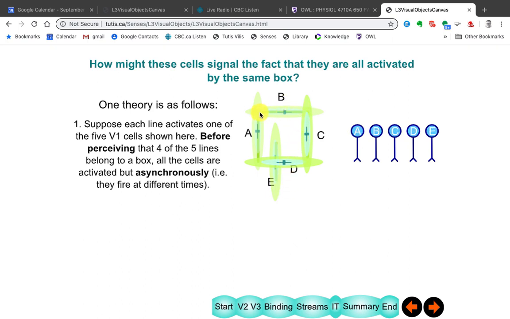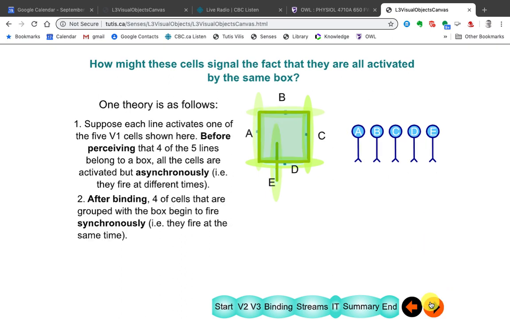When these are just individual lines having no relationship to each other, these cells all will fire randomly, at random times. It's called asynchronously. Basically, you can see that when these neurons fire, there's no relationship to each other.